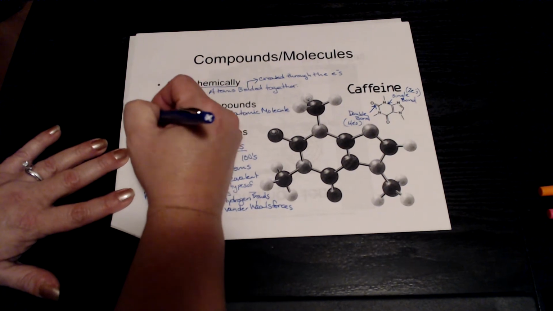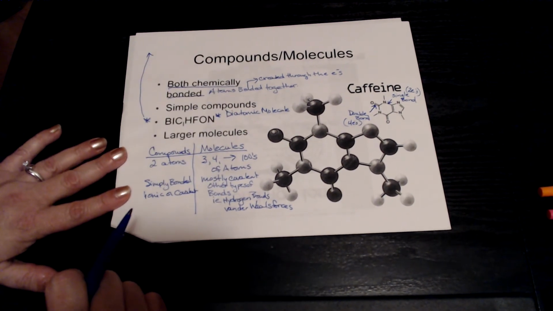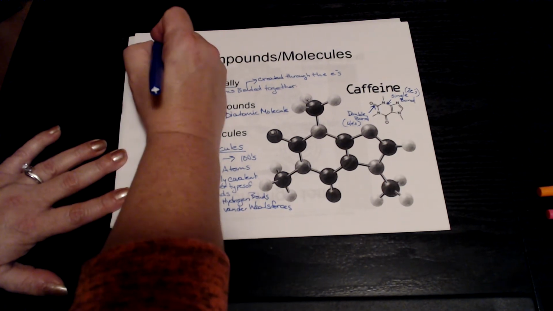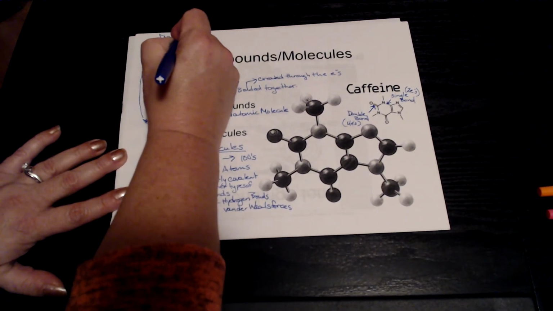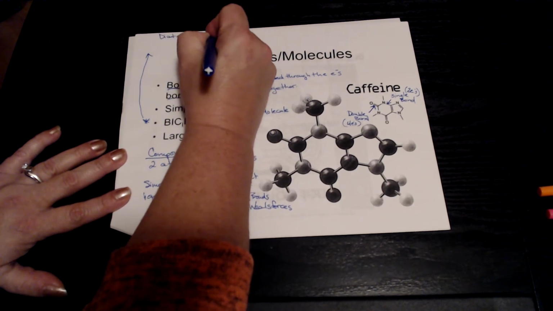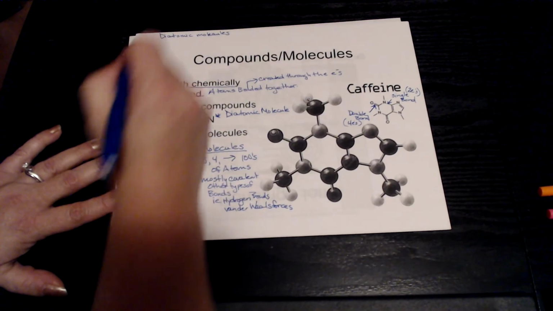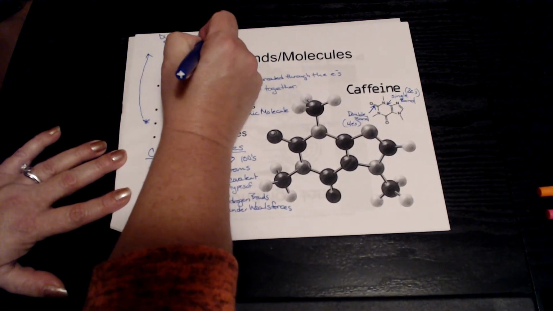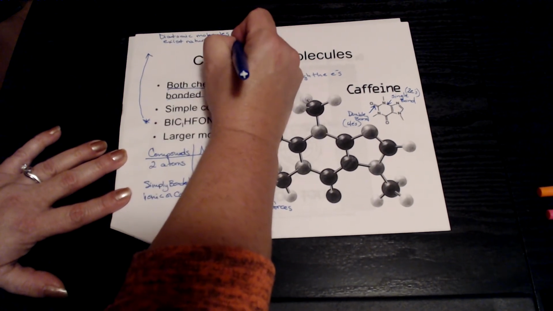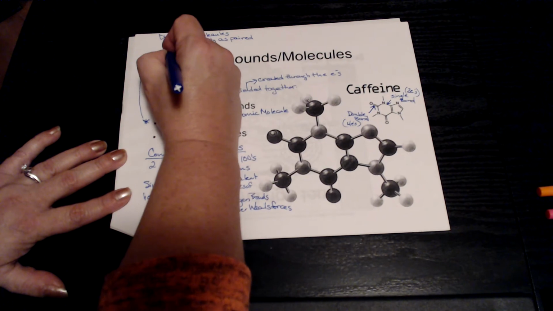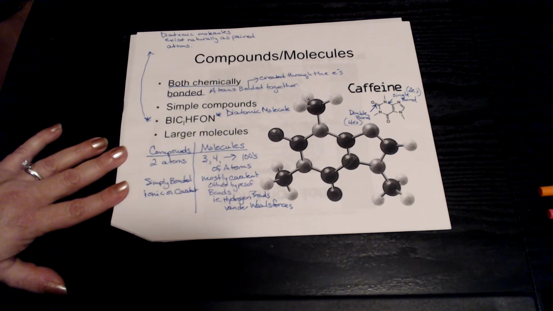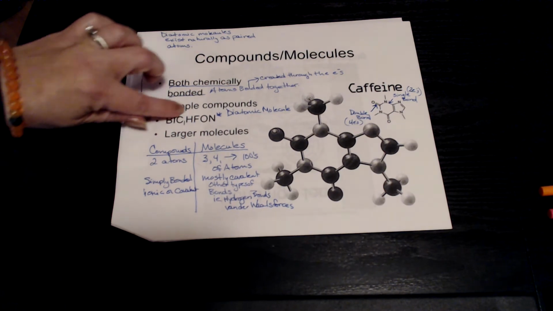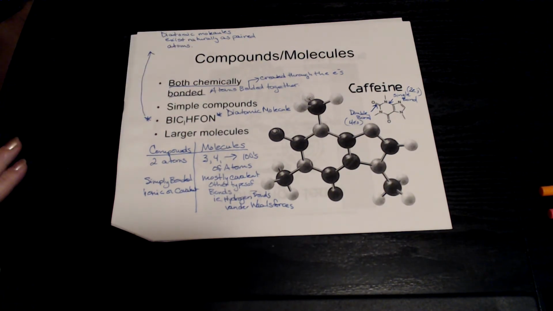Okay, I'm going to pop this up here just so that we have space. Diatomic molecules exist naturally as paired atoms. And these symbols are the atoms or the elements that exist this way.